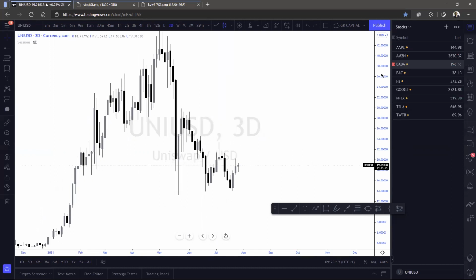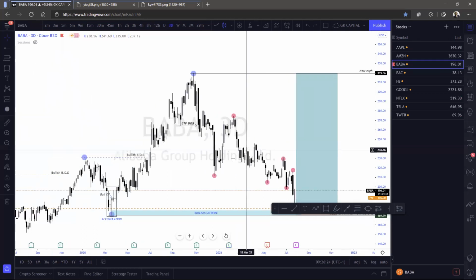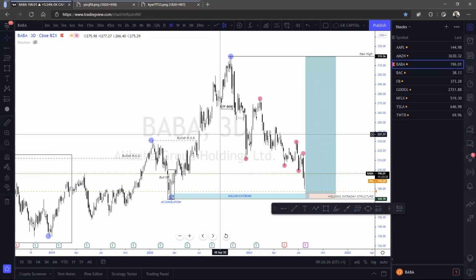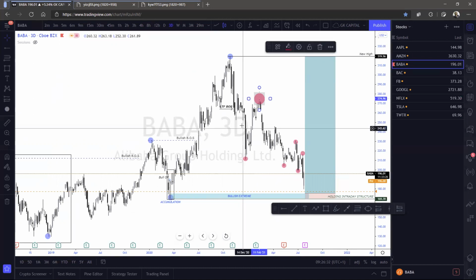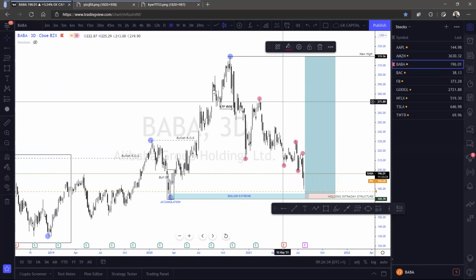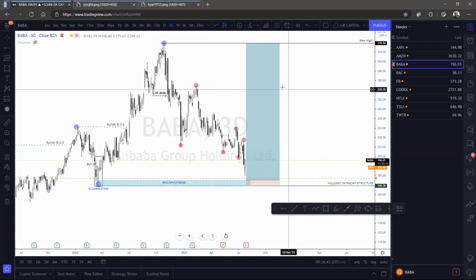With the stocks, I was just looking at Alibaba. Again, this is that last structural point that is holding the intraday structure. And then we can see the order flow coming in into that point of interest. I've got a 2 hour candle that I'm looking at, which is slightly lower, but we can see price has tapped into this. So two things now.